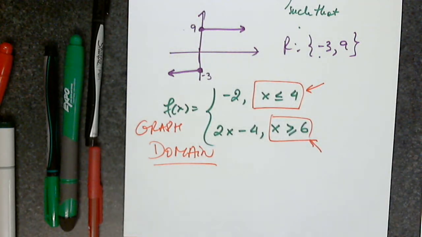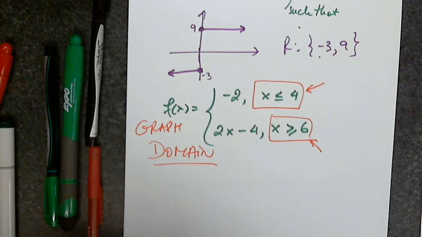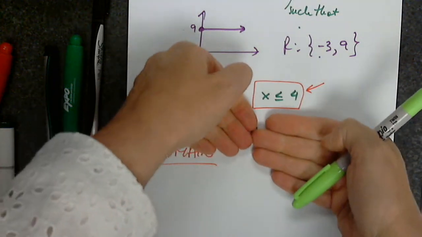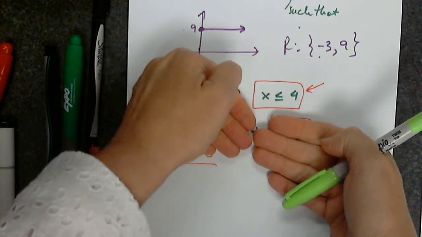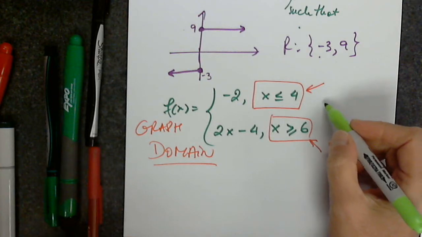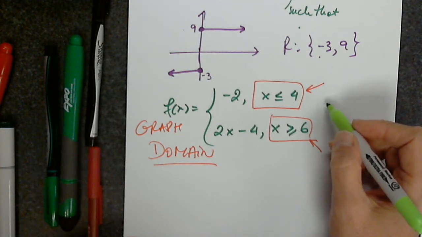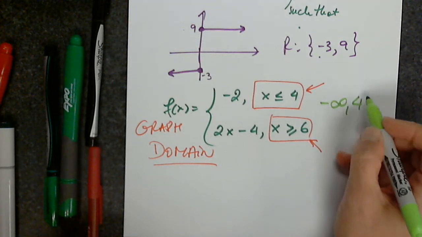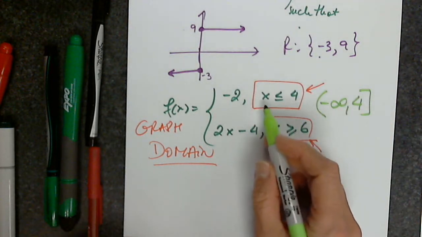So if I change that into interval notation, what do I write? Assuming I have this inequality and I'm asked to present it in interval notation, how will you write this? Careful. Good. Right? Because it's less than or equal to 4. Good.